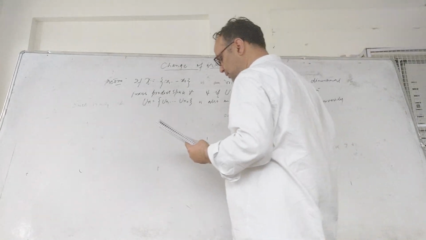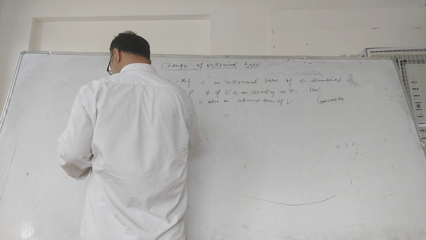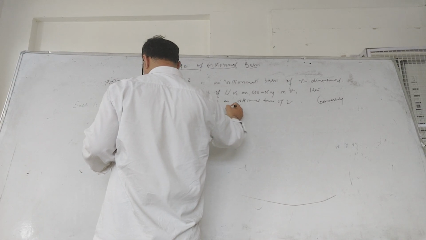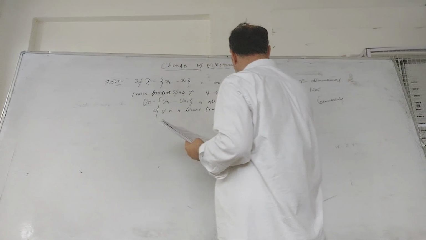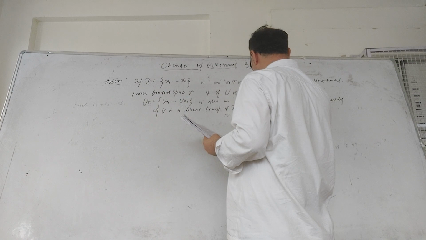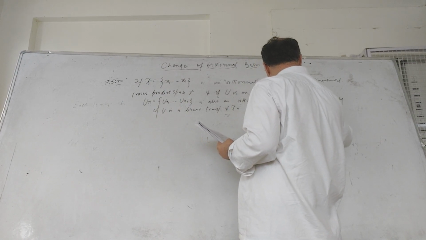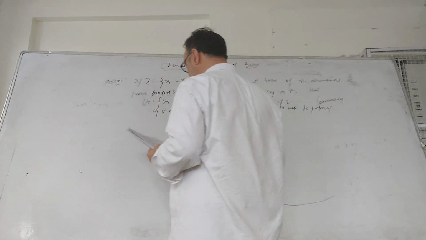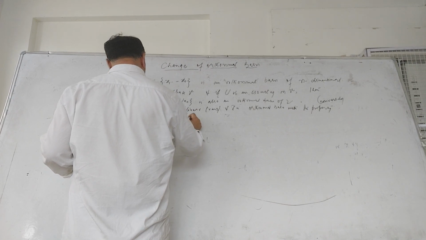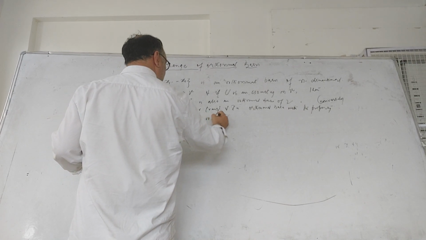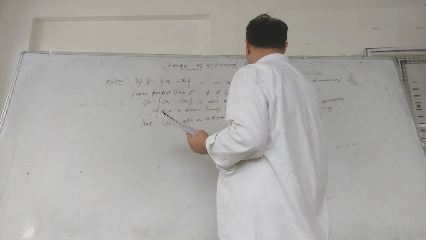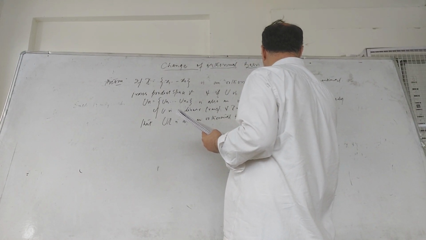Conversely, if U is a linear transformation and x1, ..., xn is an orthonormal basis with the property that Ux1, ..., Uxn is also an orthonormal basis, then U is an isometry.